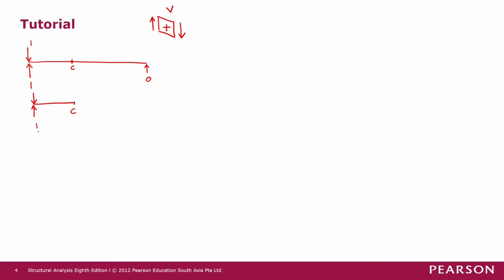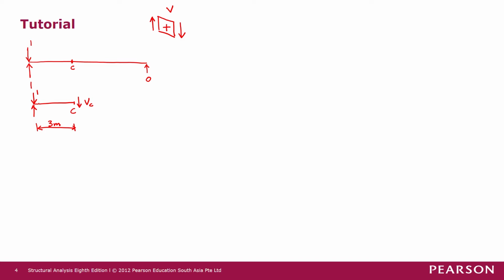Okay, so we know that point C is 3 meters away from point A, and then this force is 1 unit, and this reaction is also 1 unit. And then the shear force at point C, we use the positive direction, where the shear force on the element is on the right hand side of the element. So this is a positive shear force, right? So this is VC.